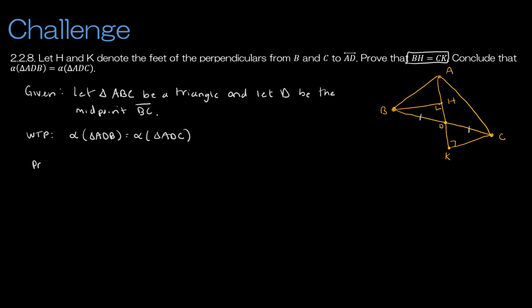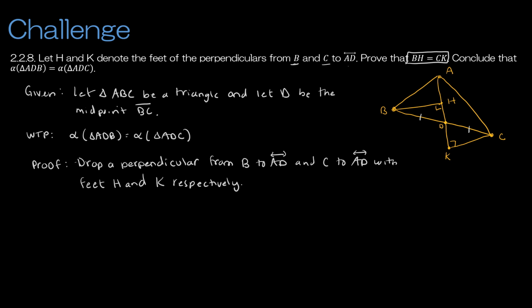For my proof, I'm going to start by dropping a perpendicular, and I'm going to say both of them. So from B and C to AD, with feet H and K respectively. We already know that D is the midpoint of BC, so I can say by definition of a midpoint, BD is equal to DC, which I've already marked, and I shouldn't have marked yet until I've actually said it.